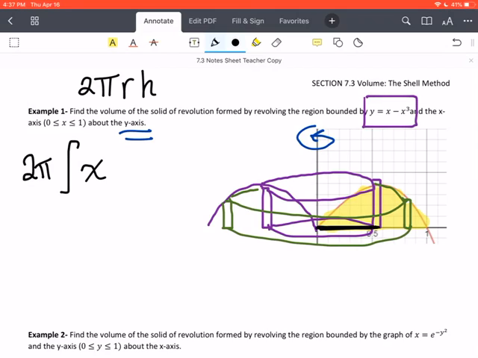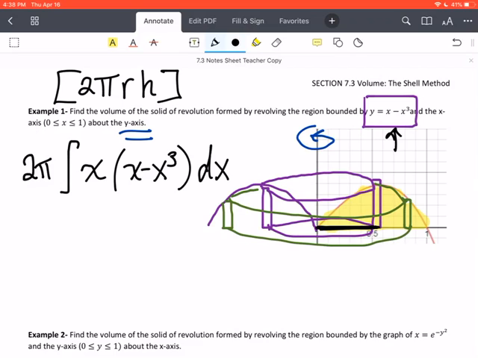Okay, and then what is the height of each rectangle defined by? This function right here. But again, we have to keep it written in terms of x, because that would give our height of each thing that I've drawn there. So x minus x cubed. Now we don't square this, okay? That's a common mistake because we do square with disk and washer, but there's nothing about squaring here.